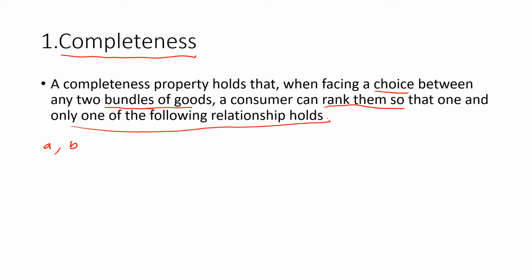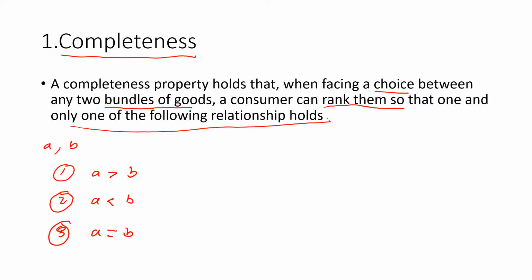And a consumer is able to rank them in the following manner: either he prefers bundle A to bundle B, or he prefers bundle B to bundle A, or he prefers both these bundles equally.